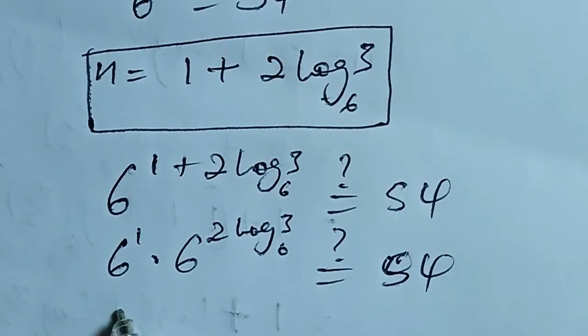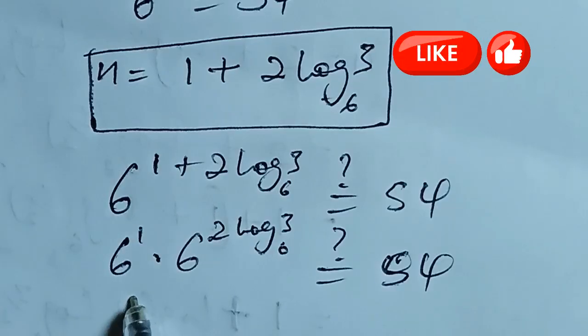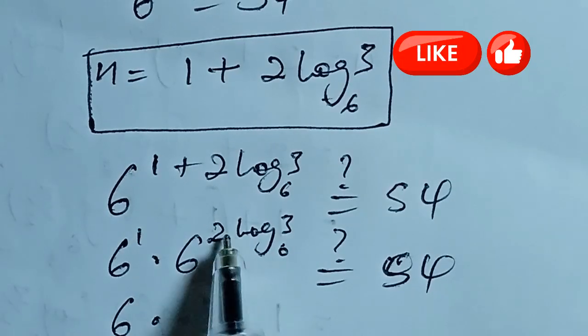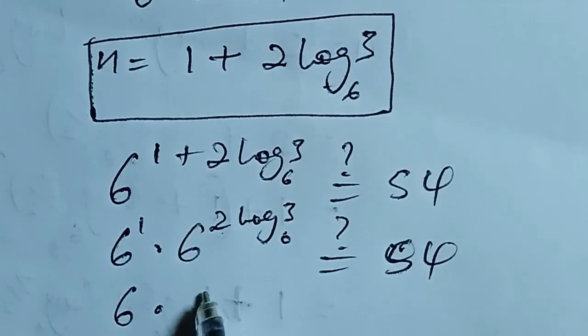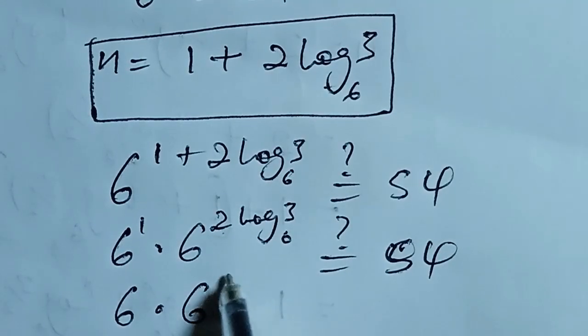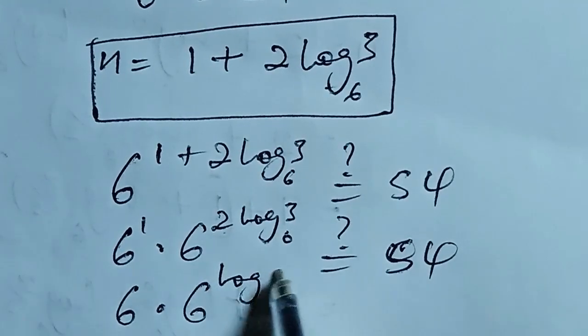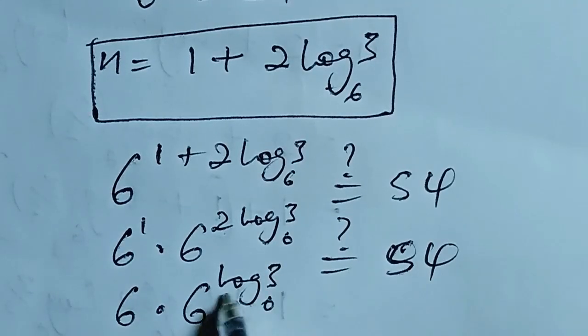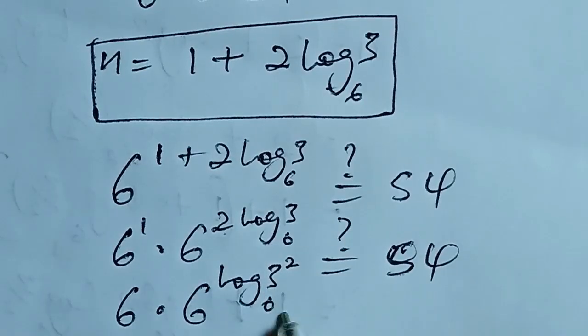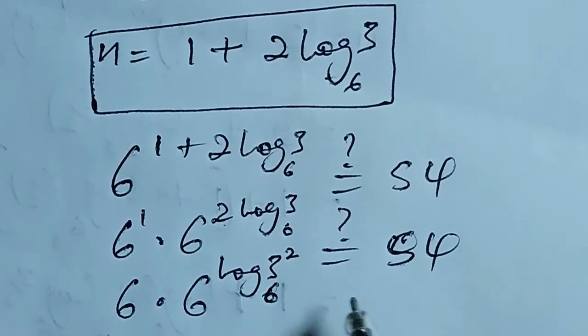Now 6 to the power of 1 is equal to 6 multiplied by, moving this 2 back to the power of 3, 6 to the power of log 3 to the power of 2, base of 6.